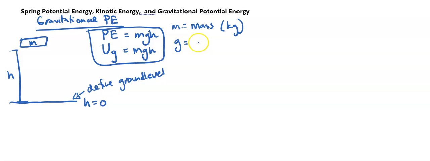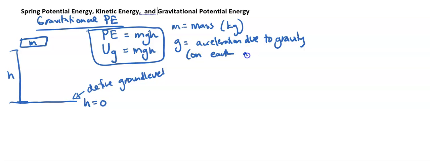g, we know, is acceleration due to gravity. And we know on Earth, g is going to be 10 meters per second squared. h is going to be the height above the ground or wherever we are, and we're going to want to measure that in meters.